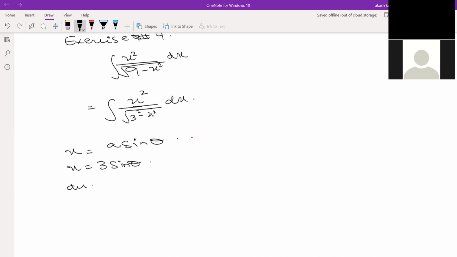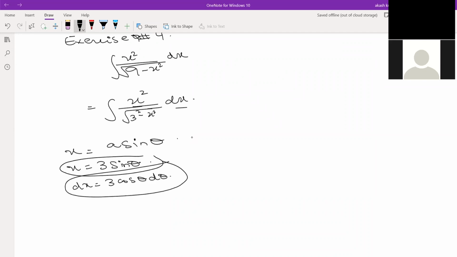And my dx will be 3, and the derivative of sine theta becomes cos theta d theta. Okay, so now I have got dx, I have got x. Let's first simplify this part. It is the square root of 3 squared minus x squared.